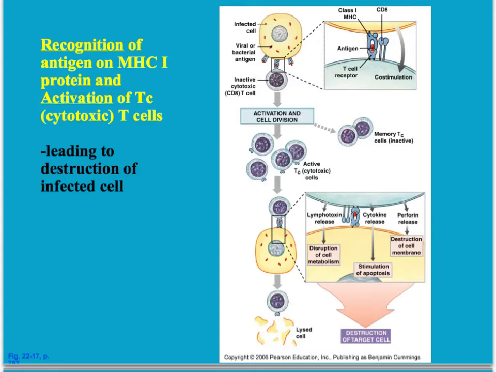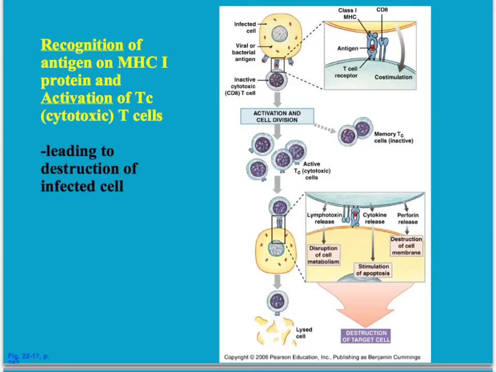First of all, let's review the fact that the cytotoxic T cells are going to have a marker on their cell surface called a CD8 marker. And as they show here, they're trying to show that that CD8 marker is going to help with the recognition of the cytotoxic T cell and the MHC protein and the antigen. So it just kind of helps with this complex formation.